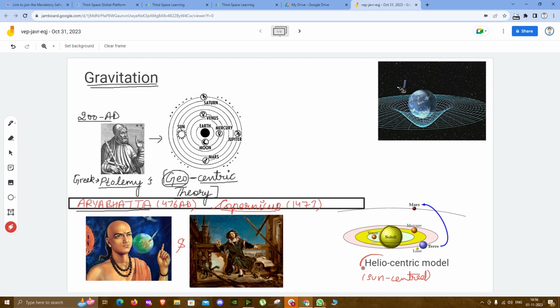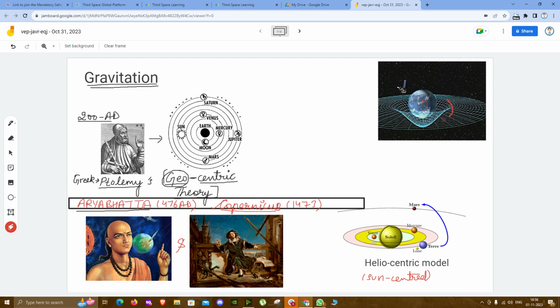Whenever you hear the word helio, it means the sun. The heliocentric model means the sun is the center, and the sun is a star, so it was the center and all planets revolve around it, just like the earth here. As we can see here, gravity works like a net, and the heavier the body, the more other bodies revolve around it.